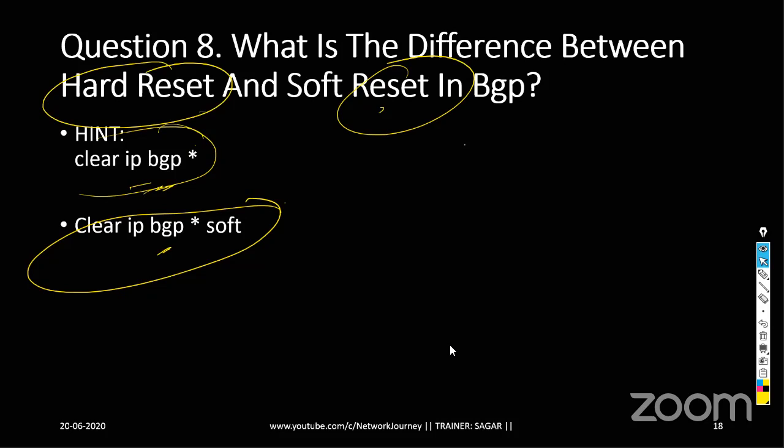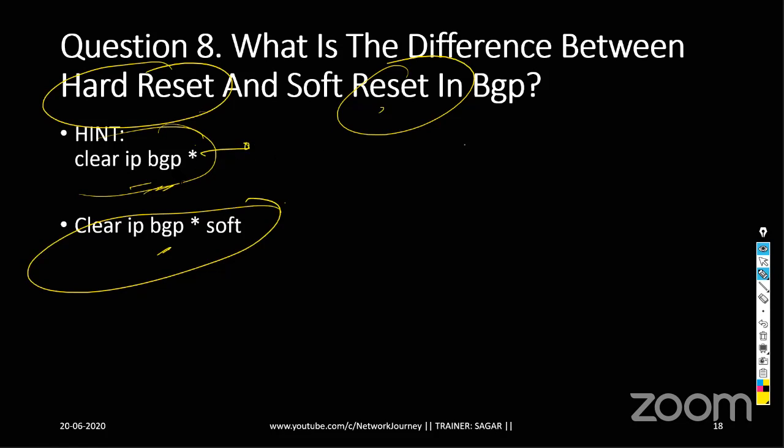I think the hard reset reestablishes the BGP, right? It clears the BGP neighbor and reestablishes it again. What would soft be then? Soft, I think it just refreshes the route in BGP.